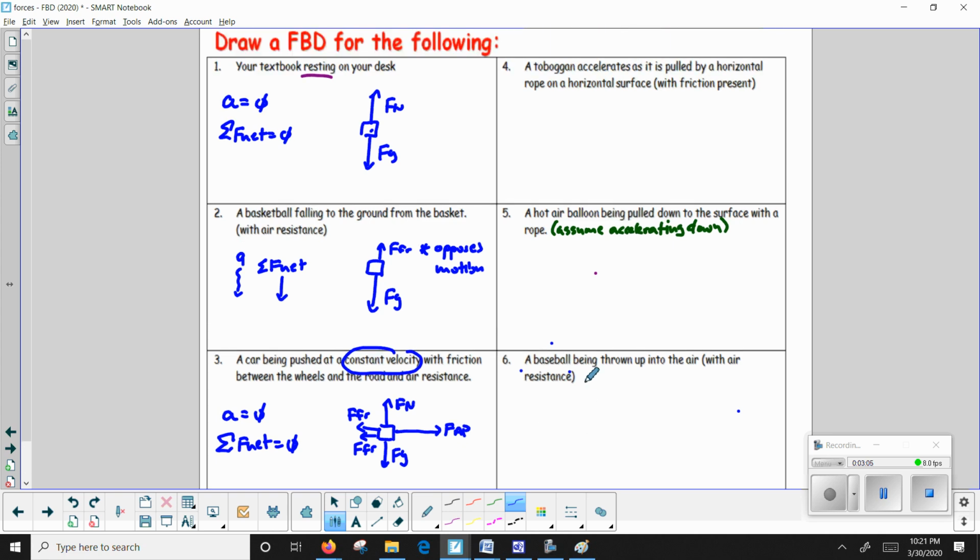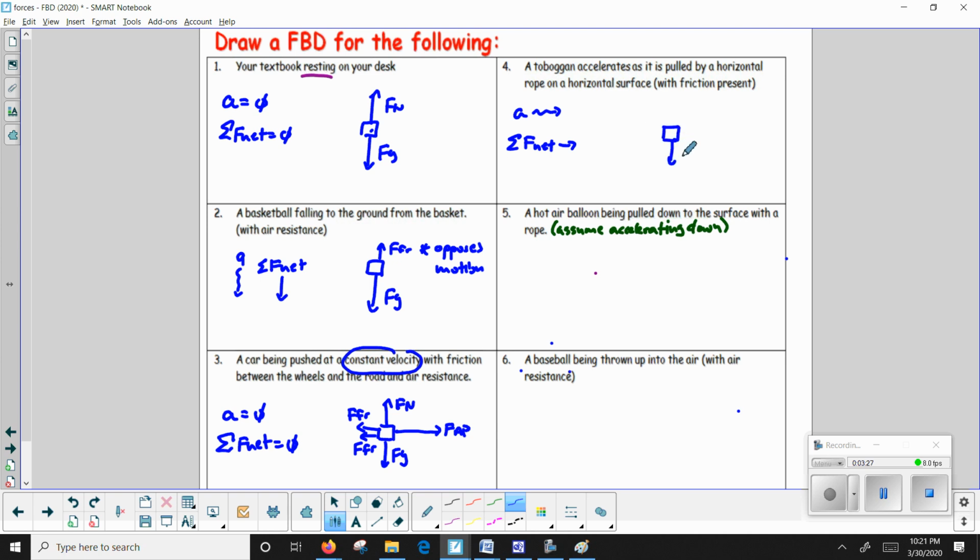Okay, what do we have here? We've got a toboggan. It's accelerating. It's being pulled by a horizontal rope on a horizontal surface. So what does that mean? Well, we're accelerating, so I have an overall force that's going to be forward. And what else do we have? Let's see what we have happening here.